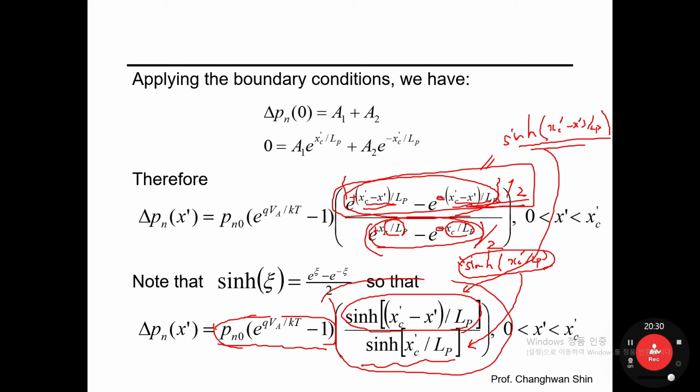So please go back to the slide talking about the ideal diode analysis and compare delta p sub n in the ideal diode analysis against delta p sub n in the narrow base diode here. Please compare the two equations to each other. Then you're gonna see that this second term has been simply added.